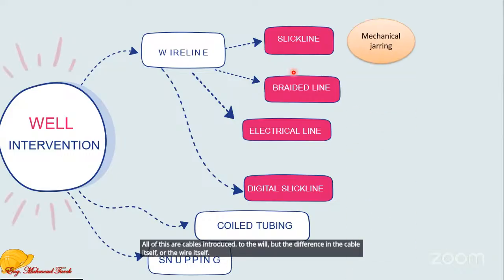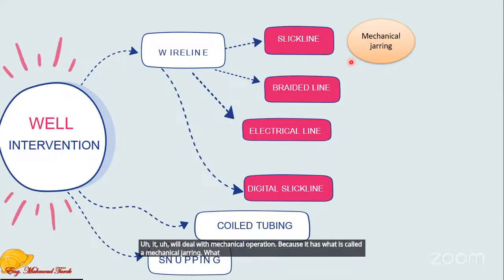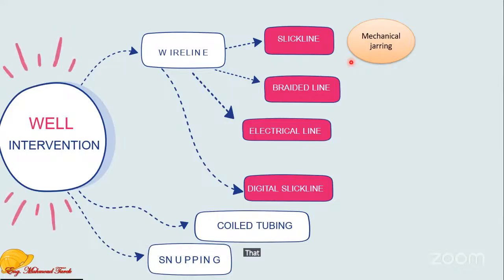For the slickline, which is our topic today and which we will see in detail, it deals with mechanical operation because it allows what is called mechanical jarring. What is mechanical jarring? We will see the jarring effect, or the strike effect, or the hammering effect.